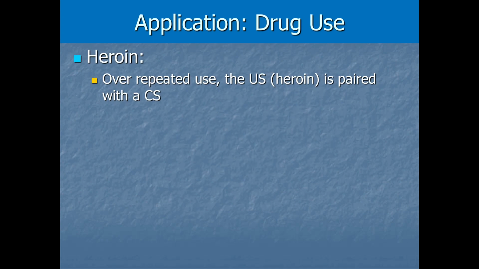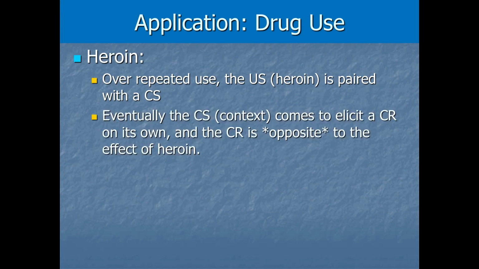That context being like the usual paraphernalia, the usual room that they're in, the usual addict friends that they're around, things like that, are a context that often shows up with the unconditioned stimulus, the heroin itself. That means eventually the CS, that context, simply being in the room, being around those people and objects, comes to elicit a CR of its own.